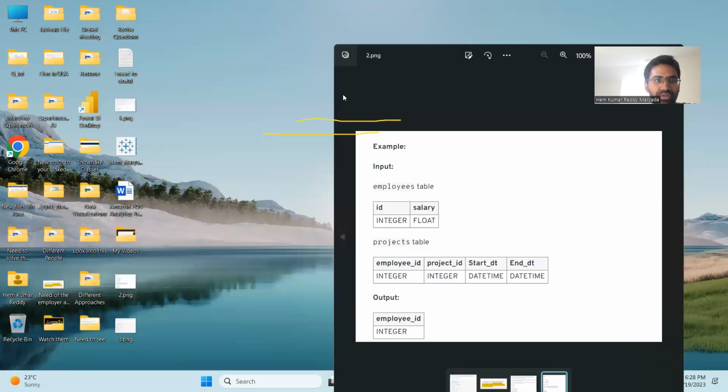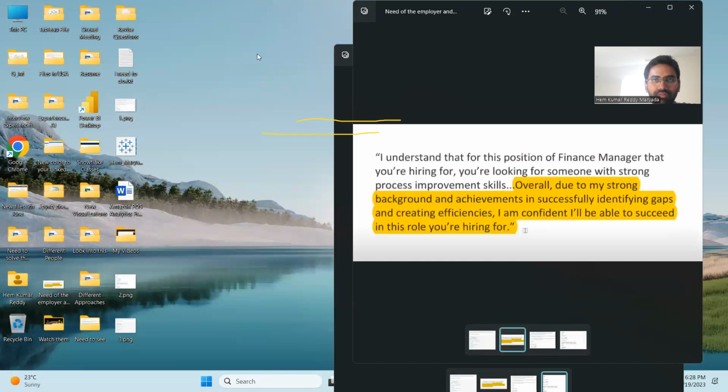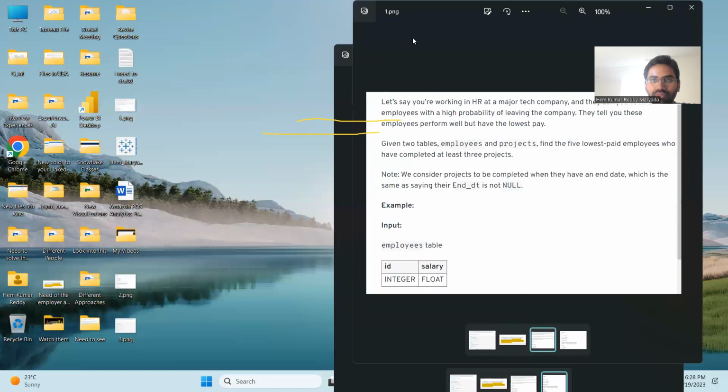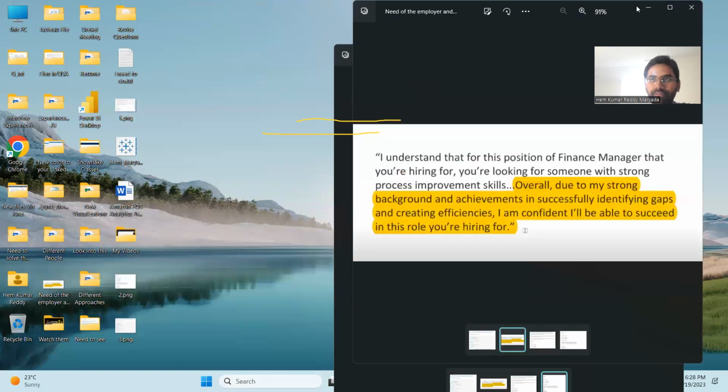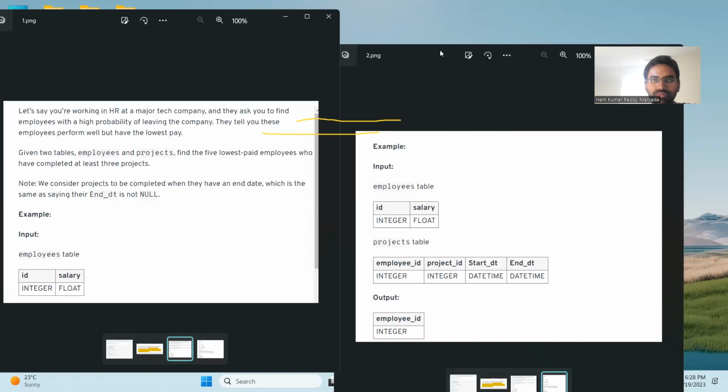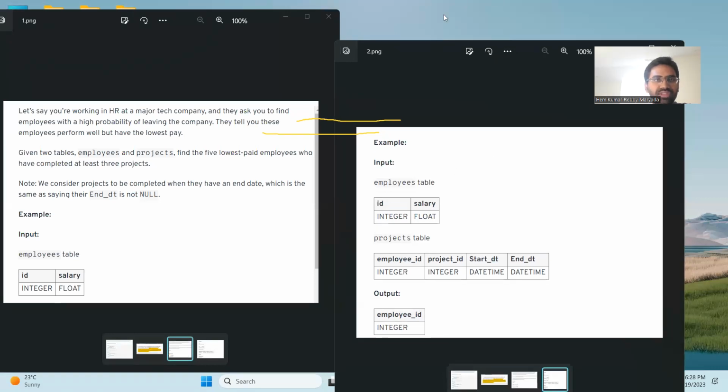So better to have some view here. Yeah, you can see both the answers side by side.